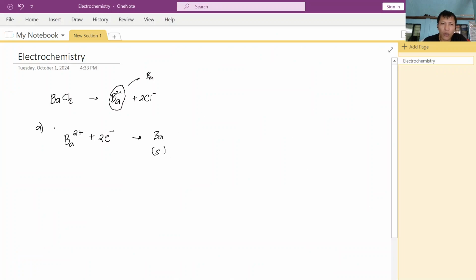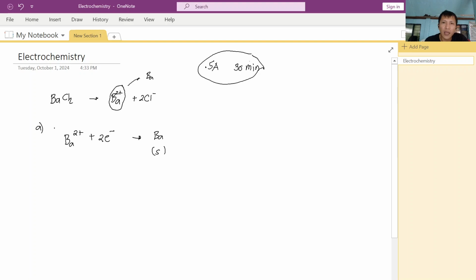Okay, and the next: how many grams of barium metal can be produced by supplying 0.50 amperes for 30 minutes? So you now have a current, electricity at a rate of 0.5 amperes. This is the electricity being consumed. Of course, you have to put how many minutes for that to be in terms of consumption of energy.